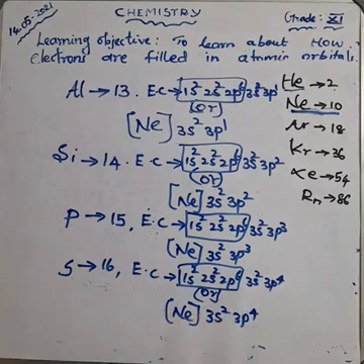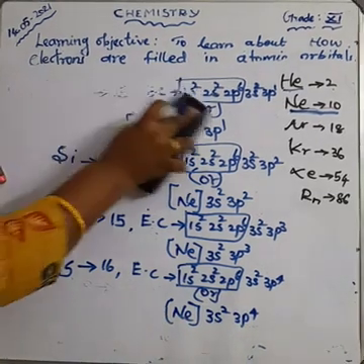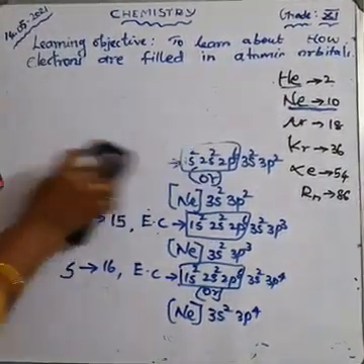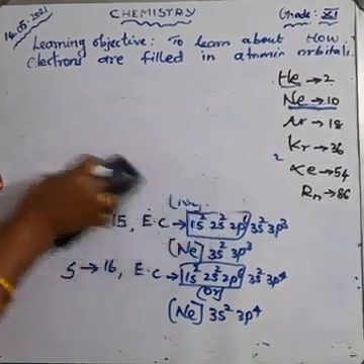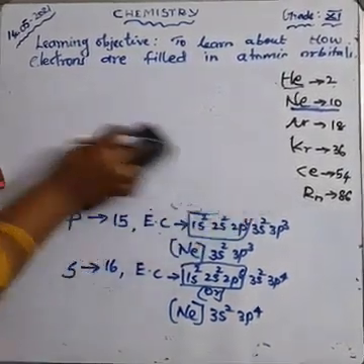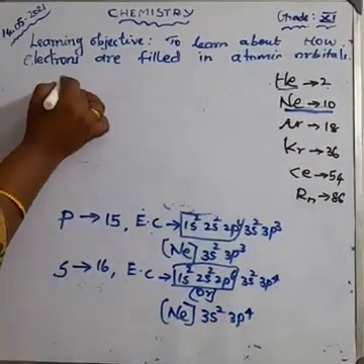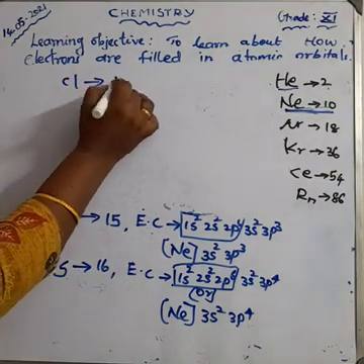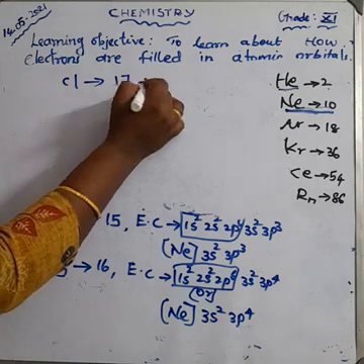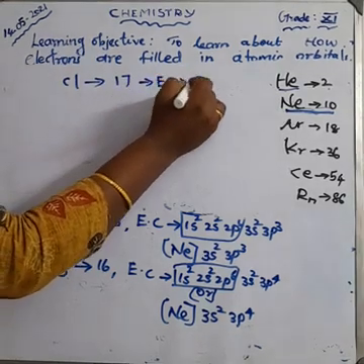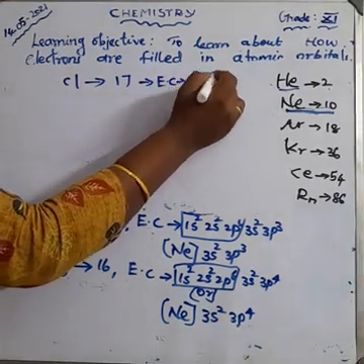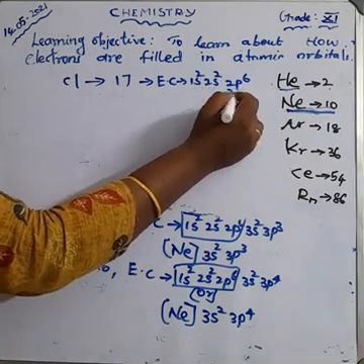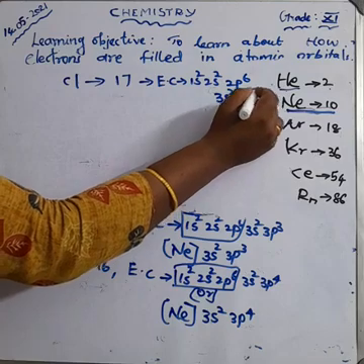Okay. And then chlorine, the 17th one. What is the atomic number for chlorine? 17. So the electronic configuration: 1s2, 2s2, 2p6, 3s2, 3p5.